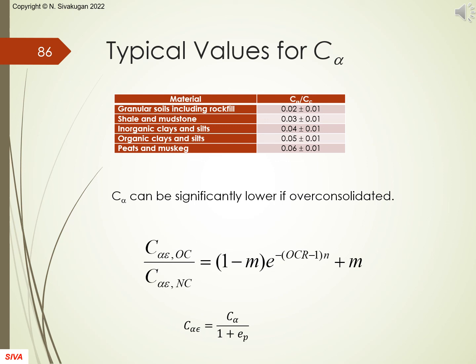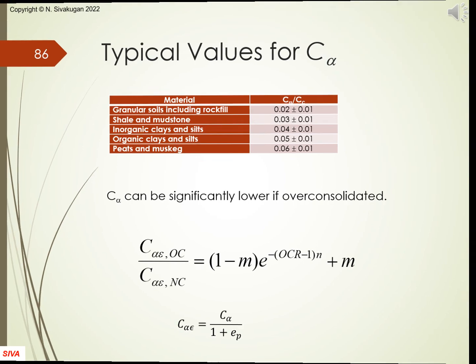C alpha on Cc ratios are typically constants as given in the table. As a rough estimate, this can be taken as 0.05 for normally consolidated clays. For over-consolidated clays, C alpha can be significantly less, possibly by an order of magnitude.